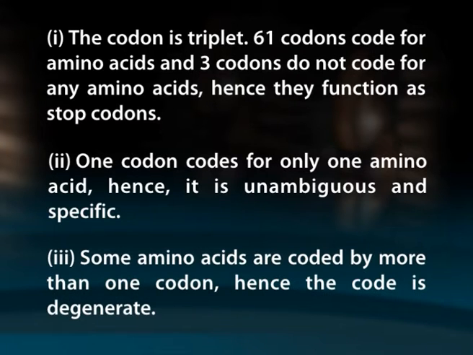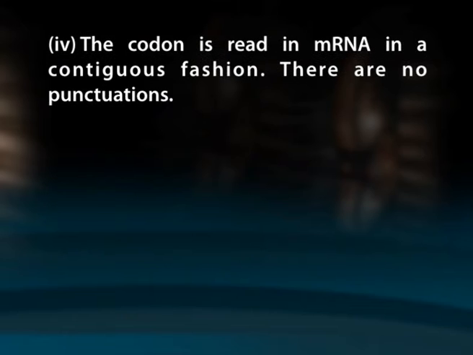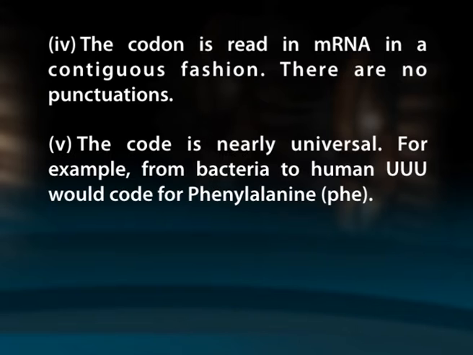Some amino acids are coded by more than one codon, hence the code is degenerate. 4. The codon is read in mRNA in a contiguous fashion. There are no punctuations. 5. The code is nearly universal. For example, from bacteria to human, UUU would code for phenylalanine or Phe.